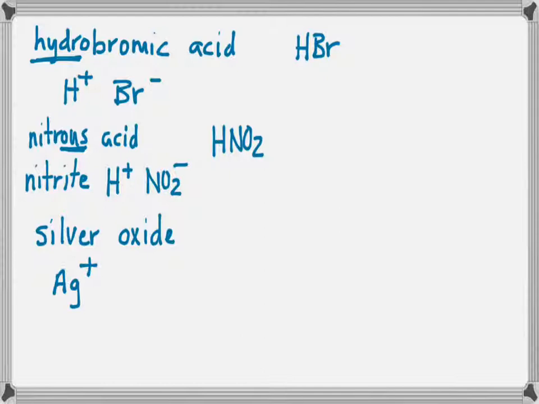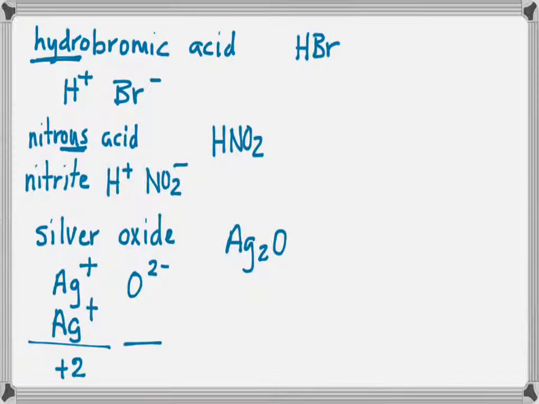So silver is +1, and oxide is what charge? 2-. So then we need Ag2O. So you could do the crisscross thing, or you could look at this and say, oh, well, I need another one of those so that I've got +2 over here to balance the -2 over there.